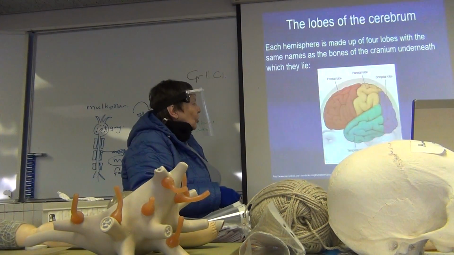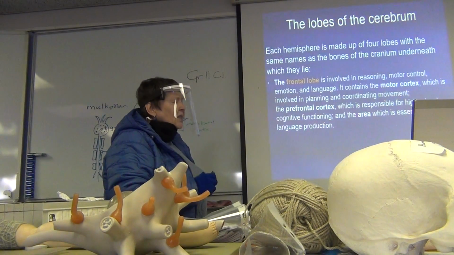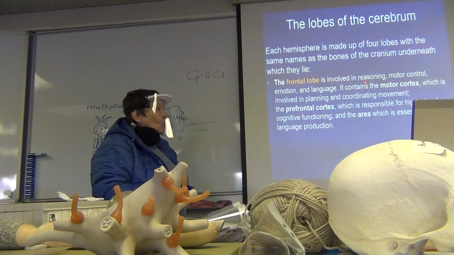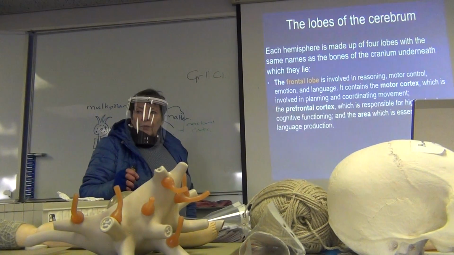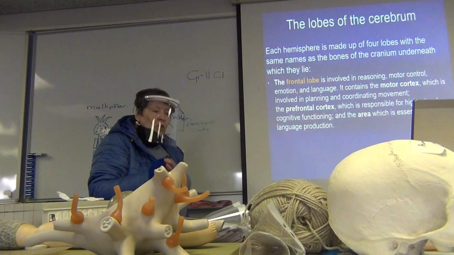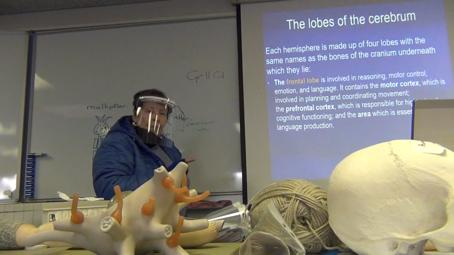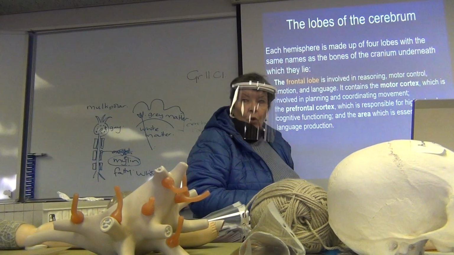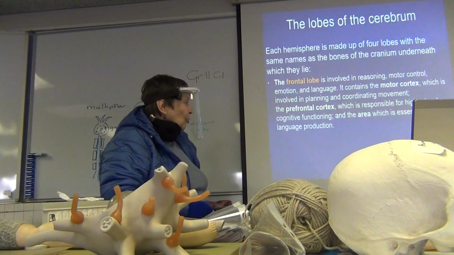So the frontal lobe is terribly, terribly important. It's involved in reasoning, motor control, that means control of movements. So that's where movements are initiated. So if I want to go in that direction, then it's my frontal lobe that says pick up your left foot, pick up your right foot, move, move, move, move.